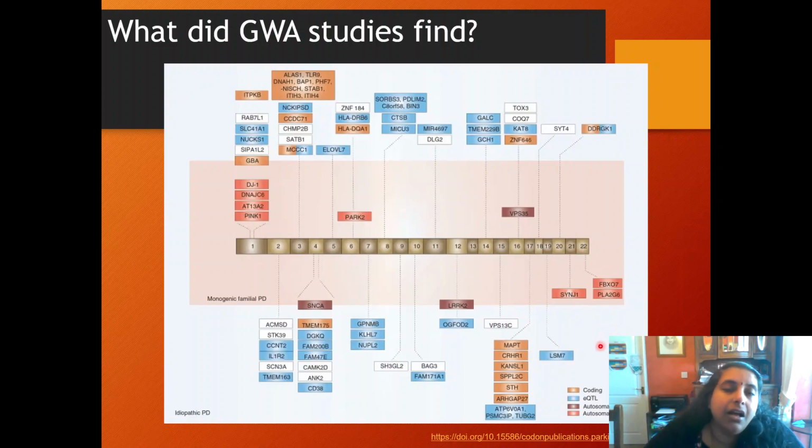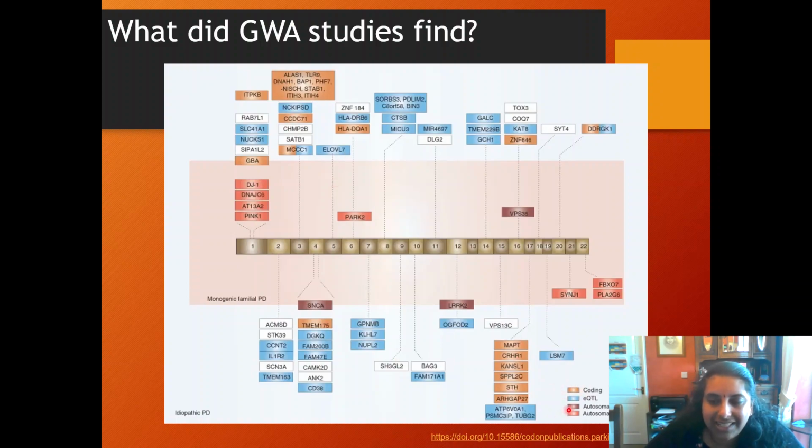So then, the genome-wide association studies have found all of these other genes that might be important, and those ones are in sort of the coding region.